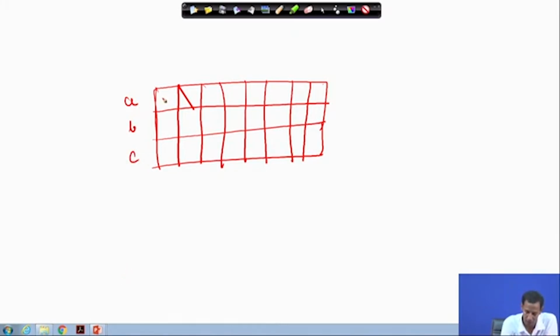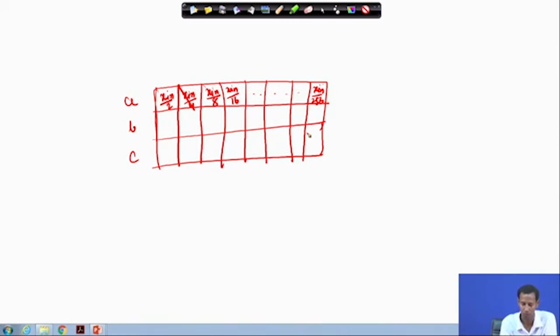And in each of these cases, this is x_in by 2, this is x_in by 4, x_in by 8, x_in by 16, something like this, up to x_in by 256.